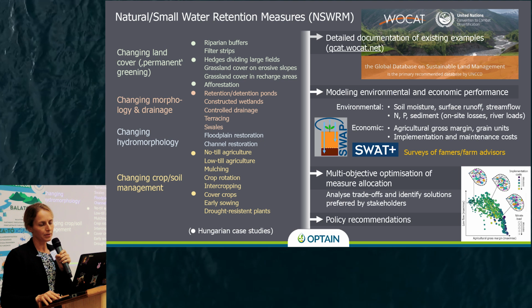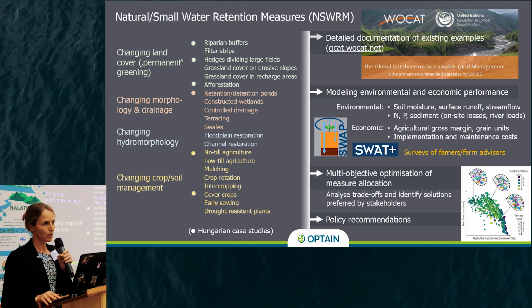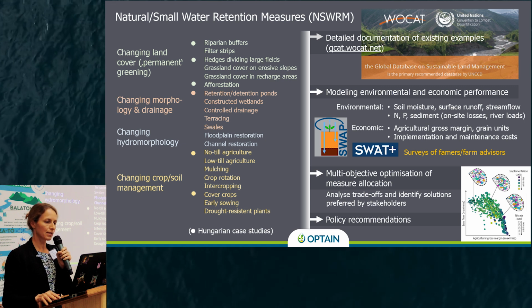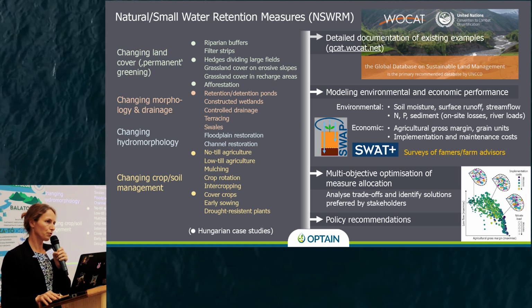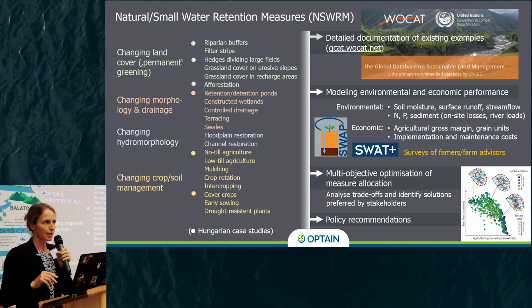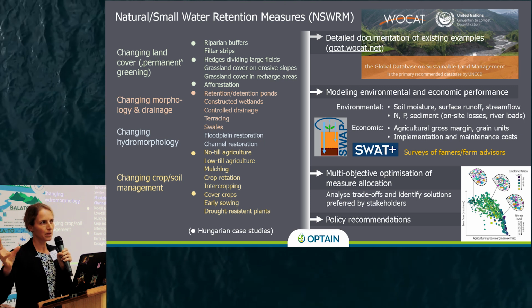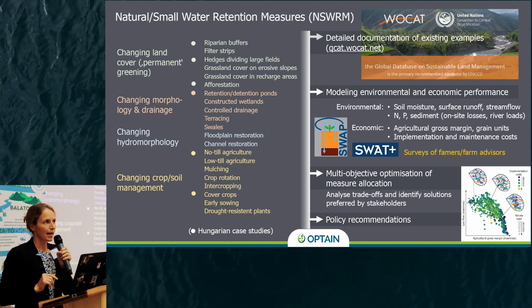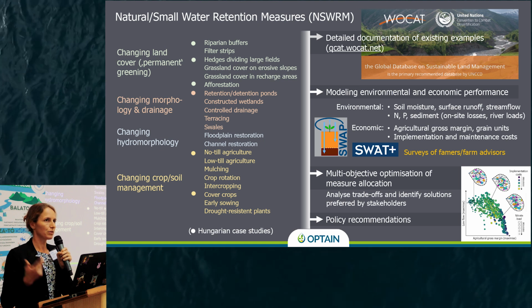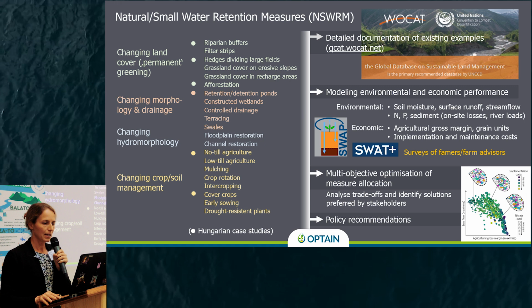We prepare a detailed documentation of these measures in the VOCAT catalog. I don't know if you know this. It can be useful for other projects as well, because there you can find descriptions of specific measures, maybe sustainable management related ones, and you can find information even about the cost, which can be useful as well often.